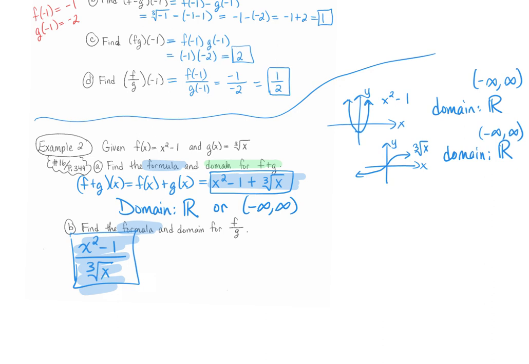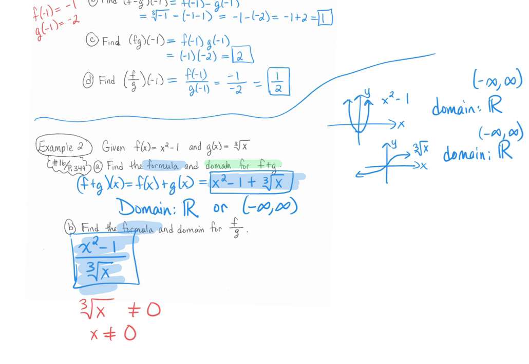Okay, so let's be clear. What that rule says is whenever you look at a quotient, whatever you're dividing by cannot be equal to 0. So in particular, we know the cube root of x cannot be equal to 0. And what makes the cube root of x 0? 0. Very good. So that means x cannot equal 0.